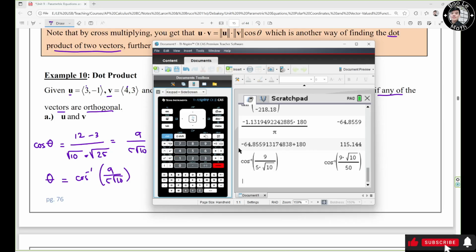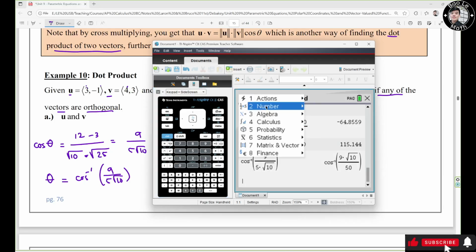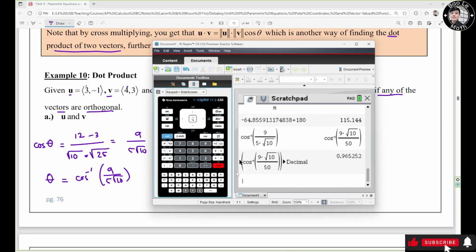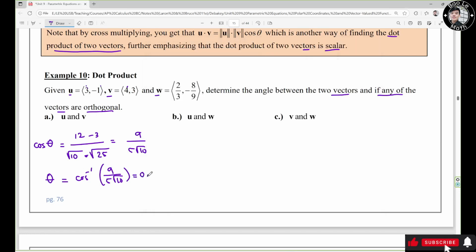Press enter. Convert this one to decimal. It's going to be 0.965, right? And of course, the unit is radian, right? If you want to convert this one to degrees, you just multiply by 180 divided by pi, right?